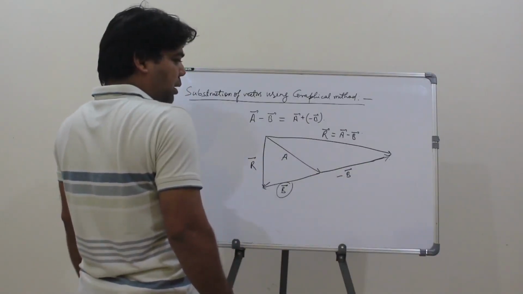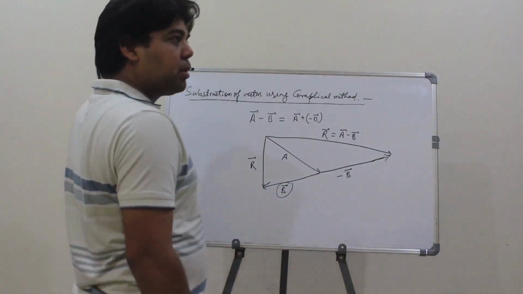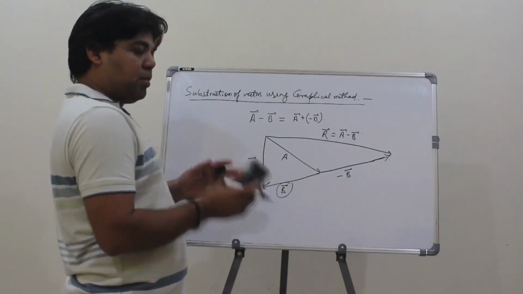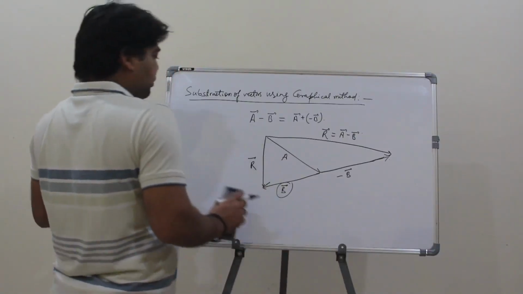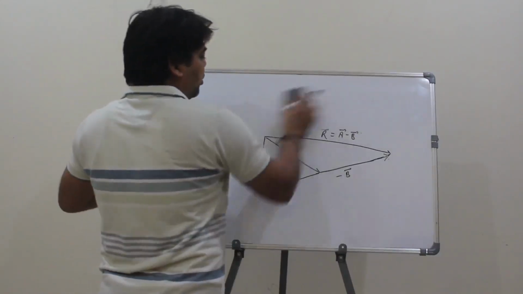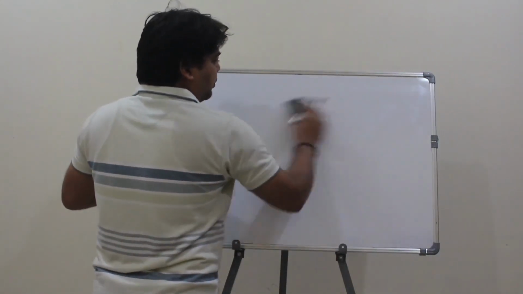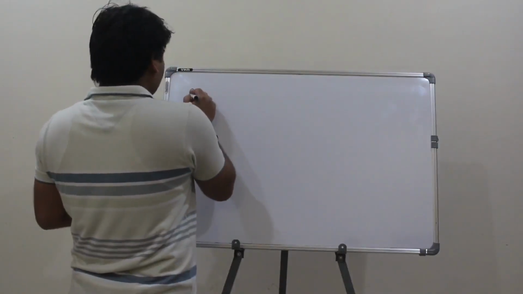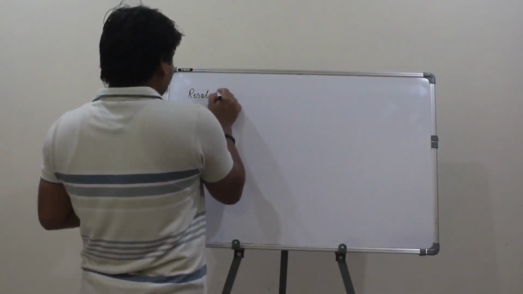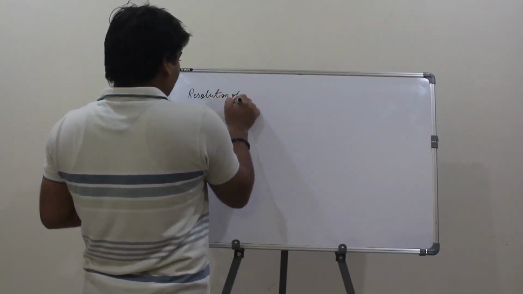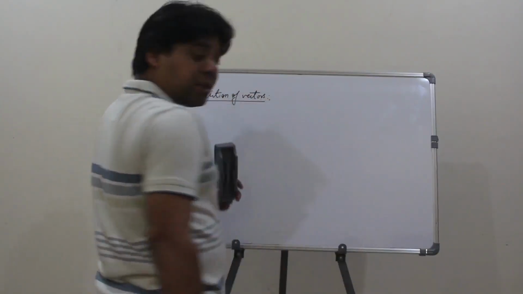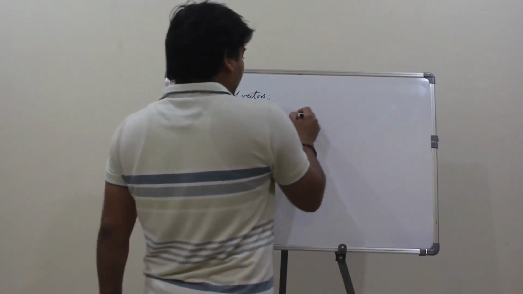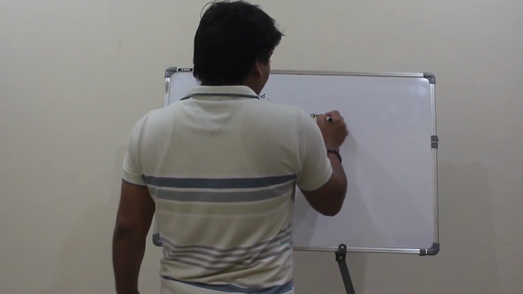Now let us go to resolution of vectors, breaking vectors into other component vectors, right? So what is the resolution of vectors? Let us take vectors a and b. a and b are two vectors.